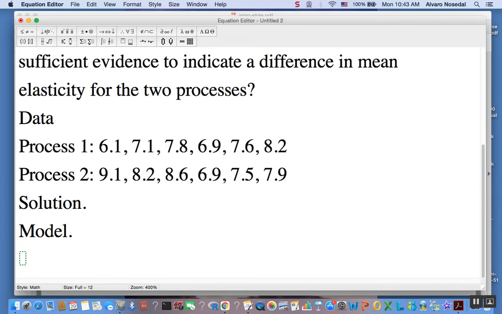So let me use y1 to represent the first observation, coming from process 1. And I'm going to assume that process 1 has a mean mu1, plus some random fluctuation epsilon 1.